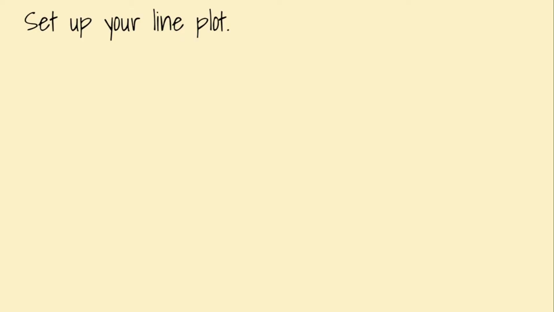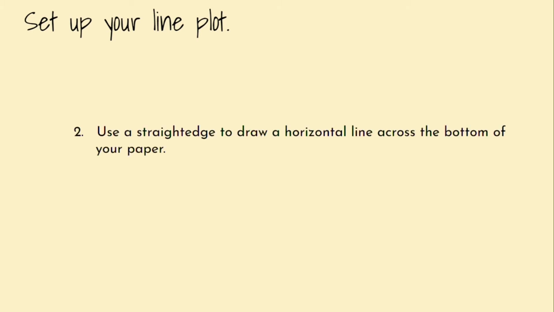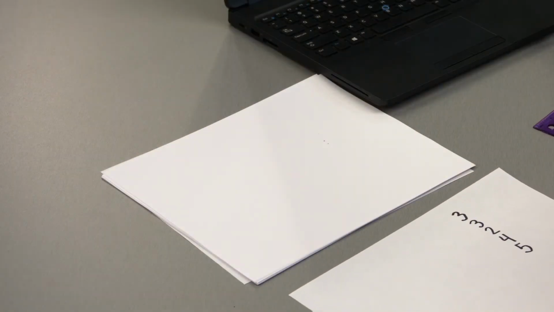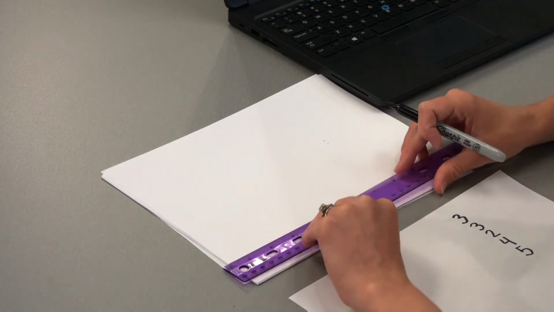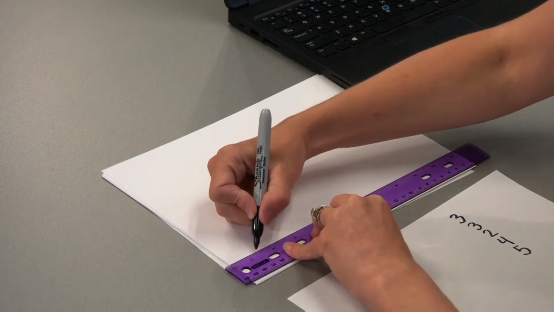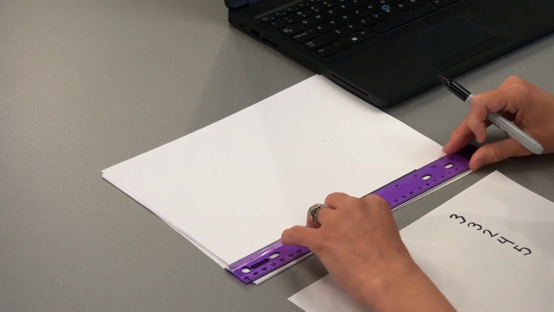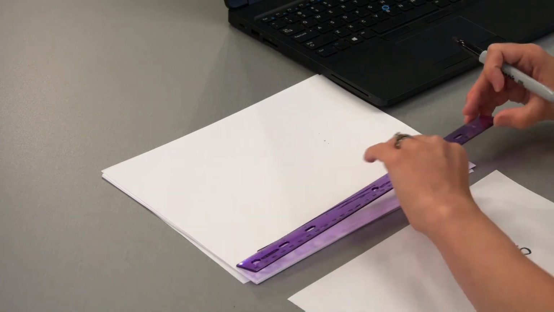Now let's go ahead and set up our line plot. Think of a good title for your line plot. Use a straight edge to draw a horizontal line across the bottom of your paper. Let's go ahead and do that together. What title did you think of?